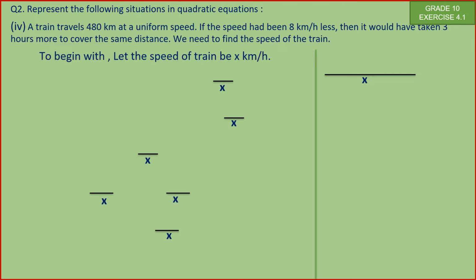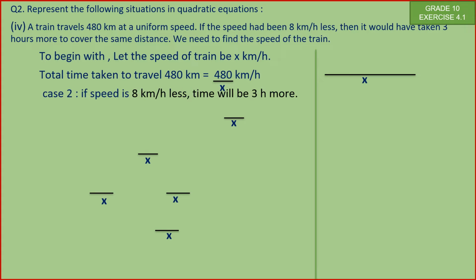So to begin with, let the speed of the train be x kilometers per hour. So the time taken to travel 480 kilometers will be equal to 480 divided by x. Now what is given is, if the speed is 8 km per hour less, then the time taken will be 3 hours more.